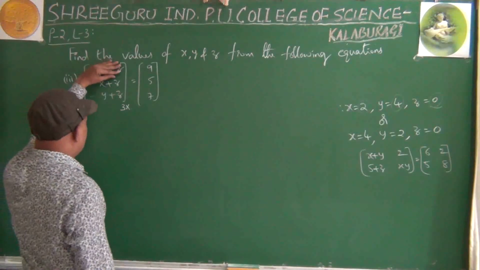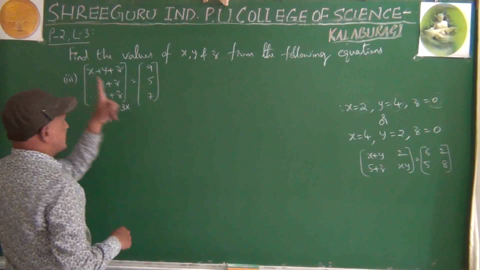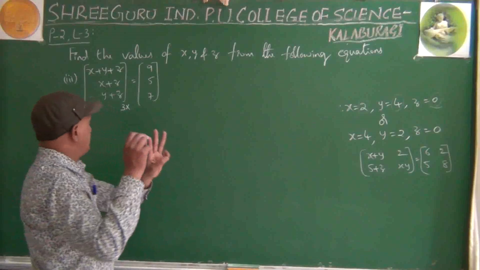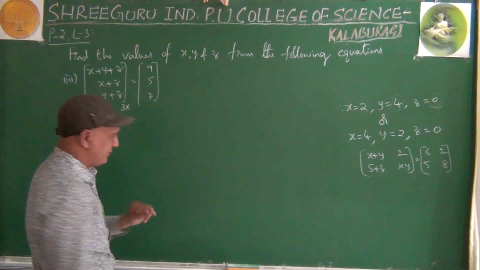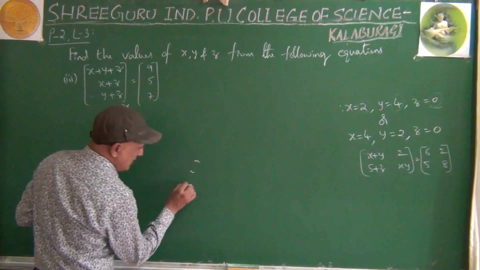Sir, this complete part is only one column. Here x is there, y is there, z is there, but no, it is x plus y plus z, a single term. x plus y plus z, x plus z, y plus z.